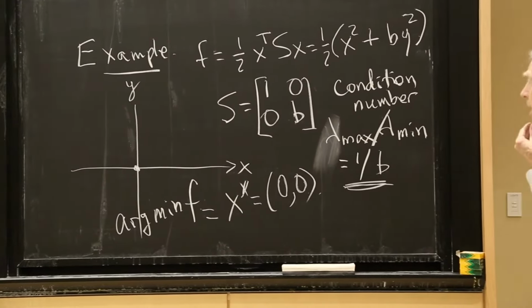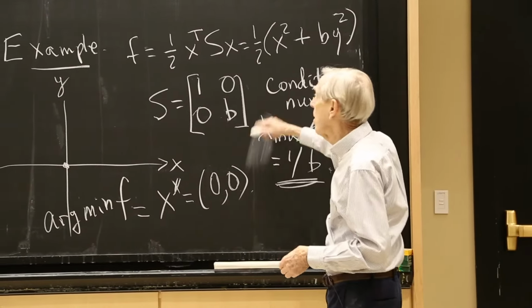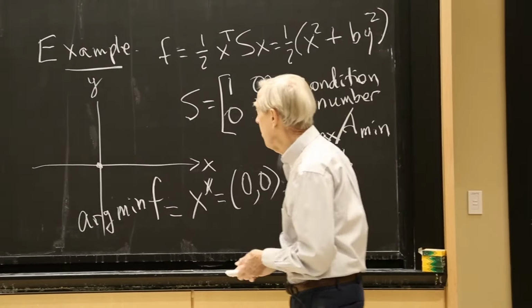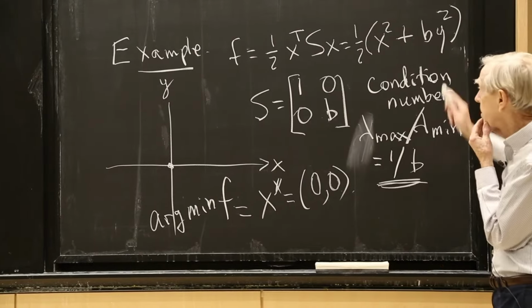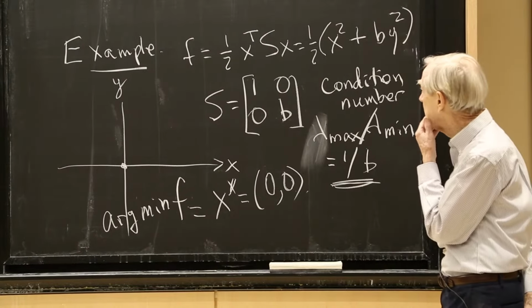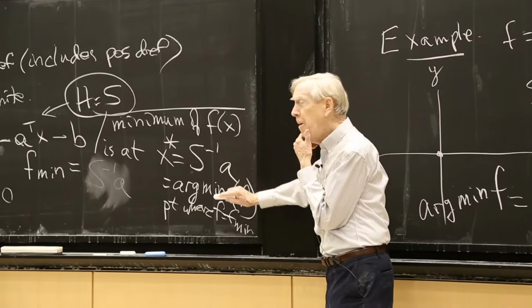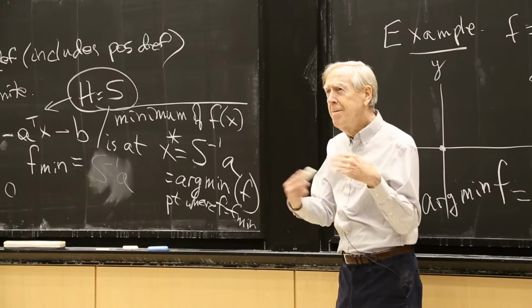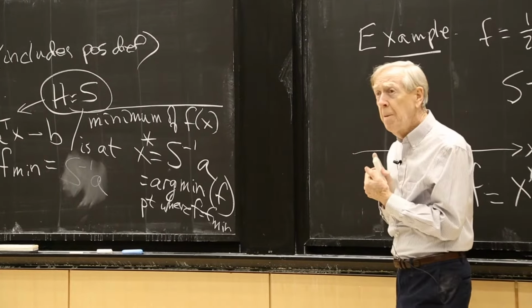That's the point. And in this case, the minimum value is actually 0, because there's no linear term a transpose x. Why am I talking about arg min when you've all seen it?